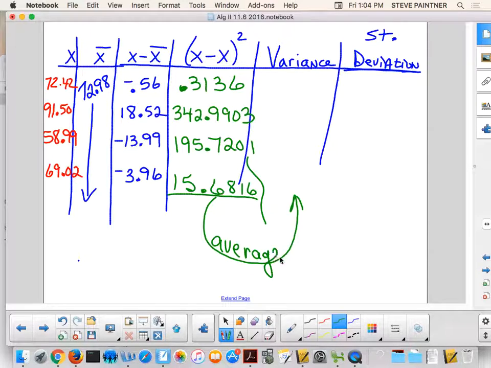Now I need you to punch the average in, and this is called the variance when you're done, which is sigma squared. Do you want it rounded or unrounded? I want this one unrounded. 138.6764.